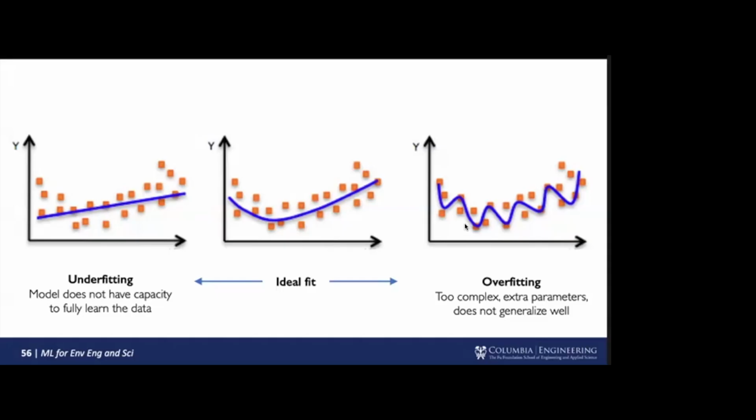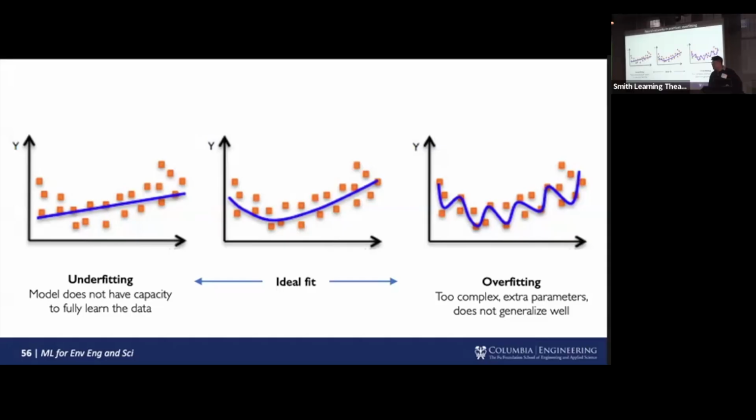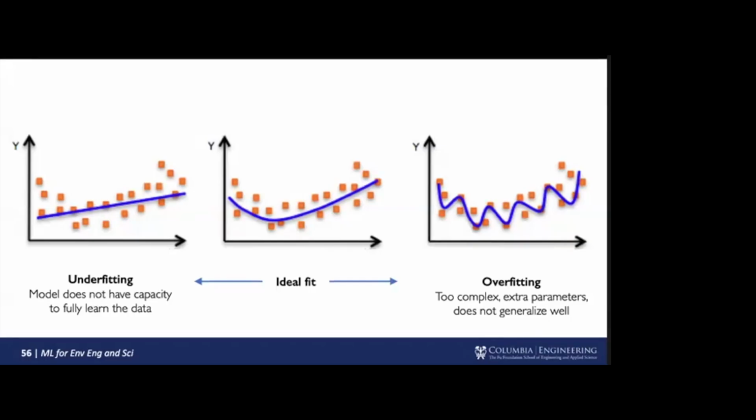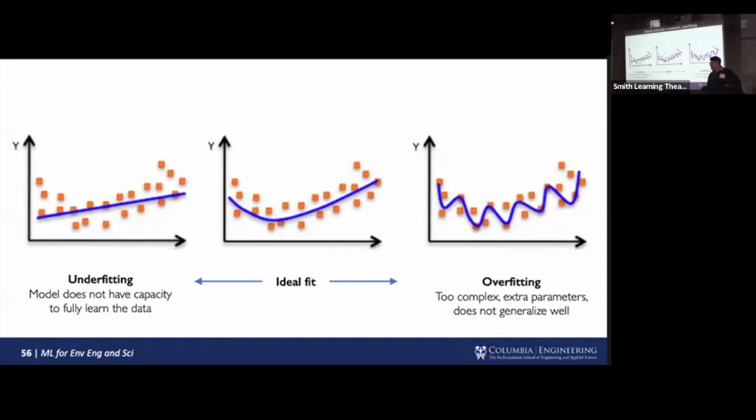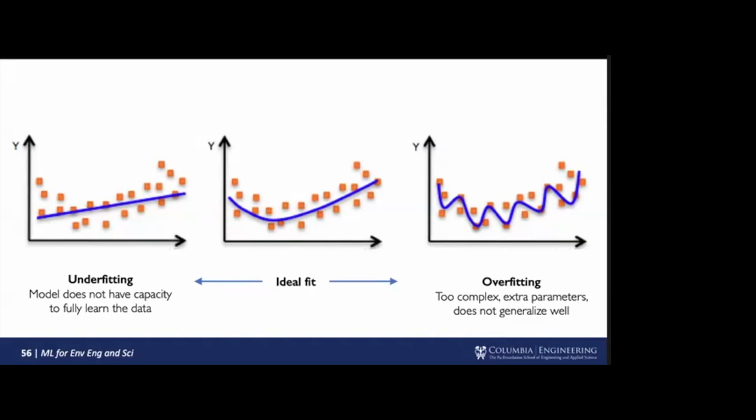Question? Are there metrics to figure out if you're underfitting or overfitting, or is this more up to the user? Oh, that's a very good question. The idea is that if you start with the entire data set, the computation is very costly.